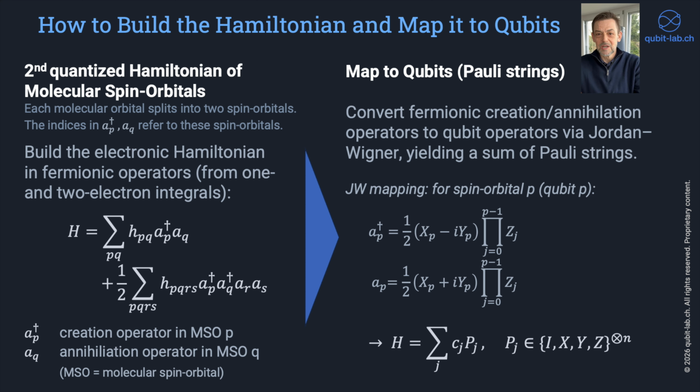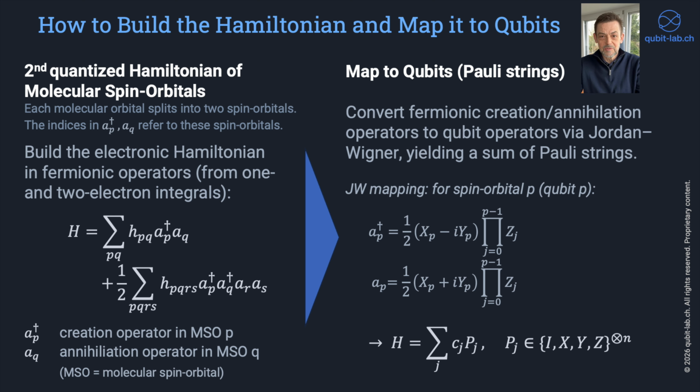That's why we use creation and annihilation operators. They are basically bookkeeping operators. Add an electron to spin orbital p or remove one from spin orbital q. And the Hamiltonian becomes a compact sum of these operator products, with coefficients coming from the 1 and 2 electron integrals in your chosen orbital basis.